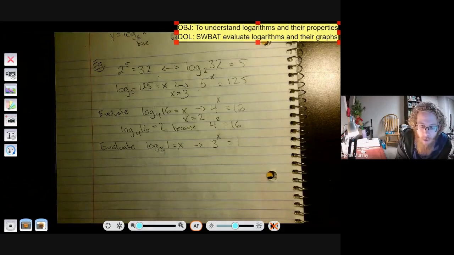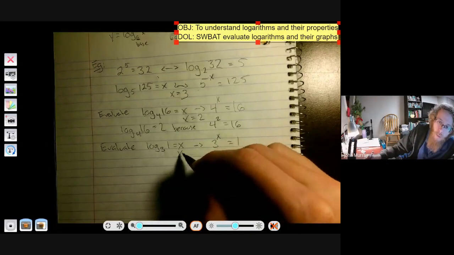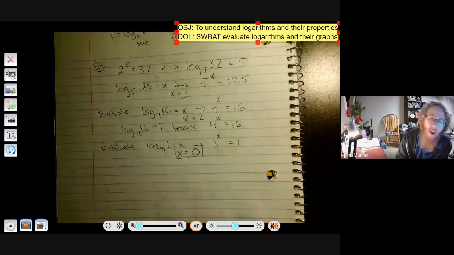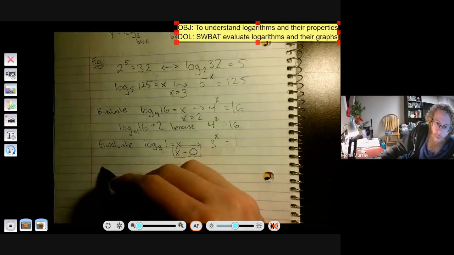So 3 to what power gives us 1? Now there's only one case where this is true. If you remember your rules about exponents, your exponent would have to be 0. Anything to the 0 power is 1. I'm going to bring this up again in a second. Let's take a look at one more example.